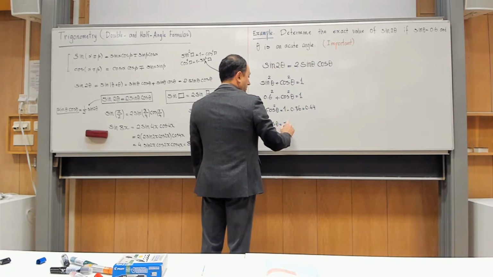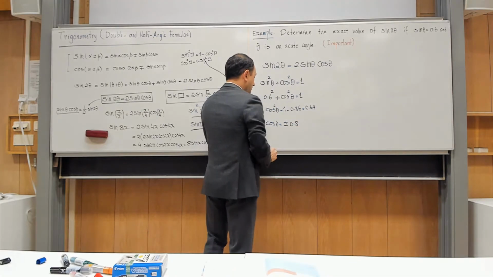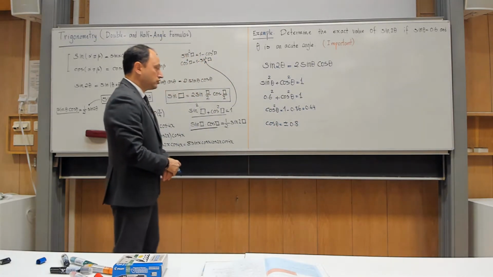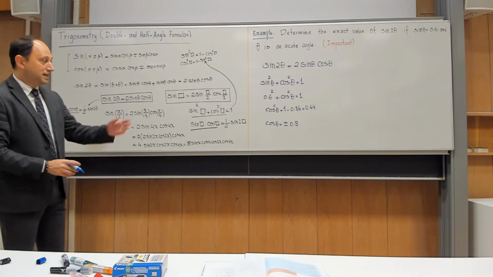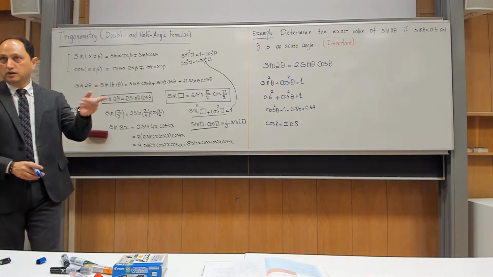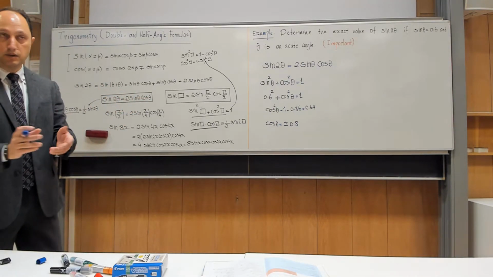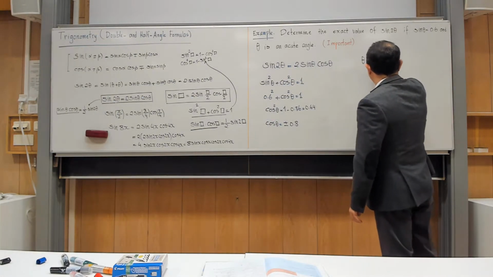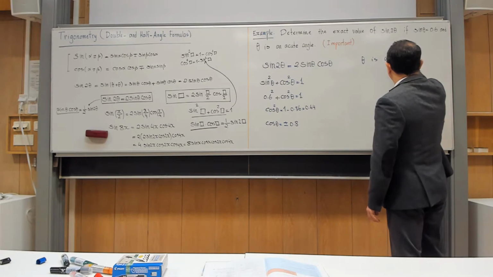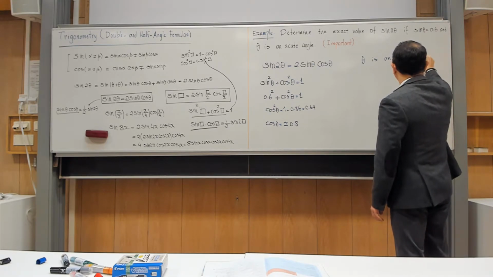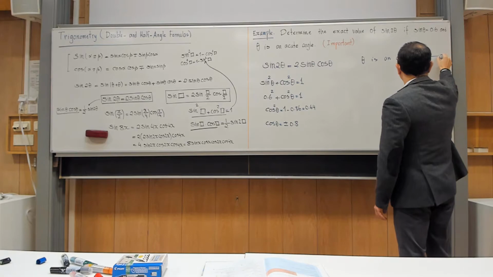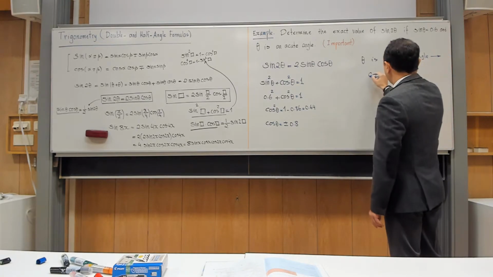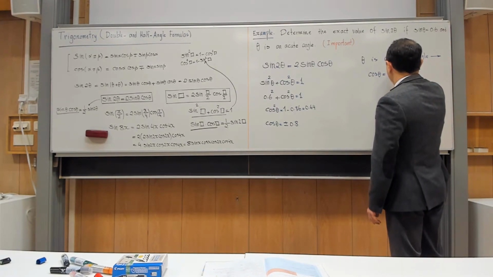Plus or minus 0.8. So this is why I'm sensitive to that. You show that this is plus and minus, and then tell me why you are choosing the plus or the minus. So that is really important in the problem. So theta is an acute angle. This implies that cosine theta is positive 0.8.